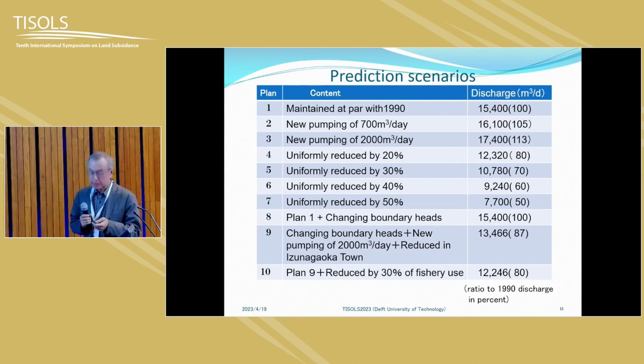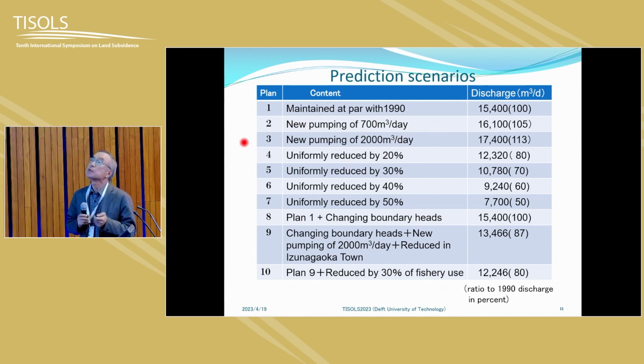And after the calibration, predictions were executed with 10 scenarios. Plan 1 maintained pumping at the 1990 level. Plan 2, a new pumping of 700 cubic meters per day.